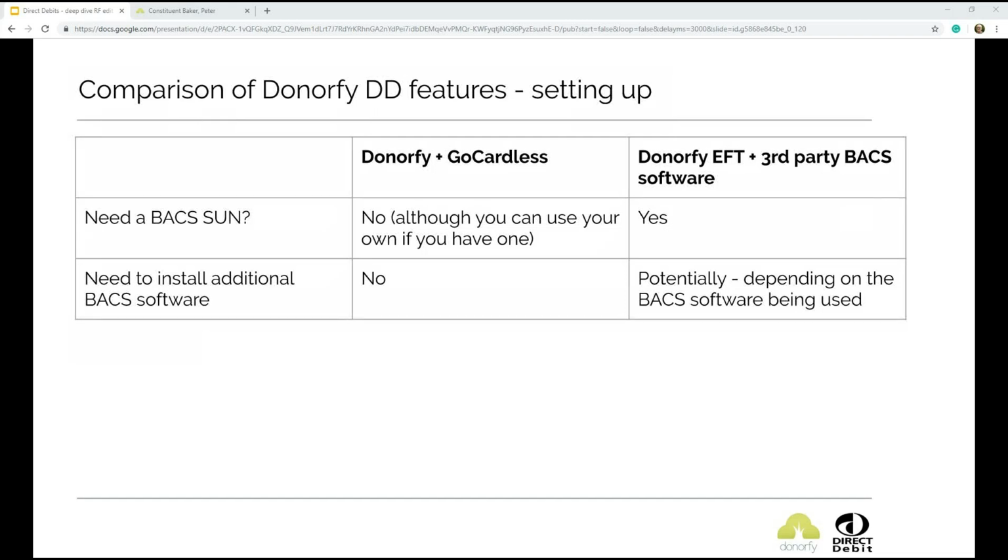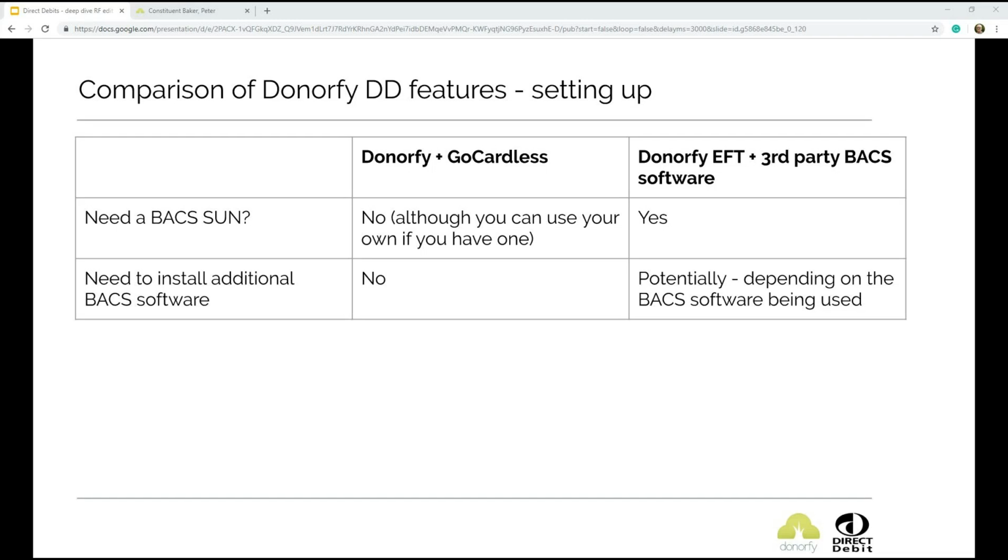So just to give you a comparison of the two Donorfy options that come with the Pro setup, in terms of setting up and what you need. With Donorfy and GoCardless, you don't need a BACS service user number, though if you already have one, they can make use of that.